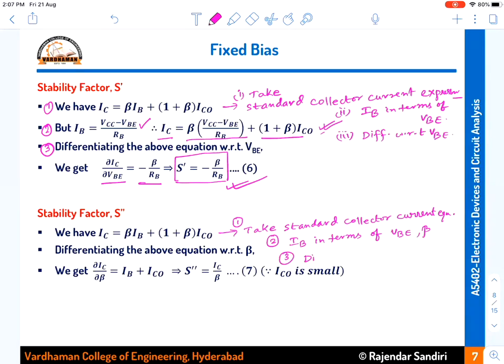Then the third step is to differentiate that expression with respect to beta. S dash we have to differentiate with respect to beta.